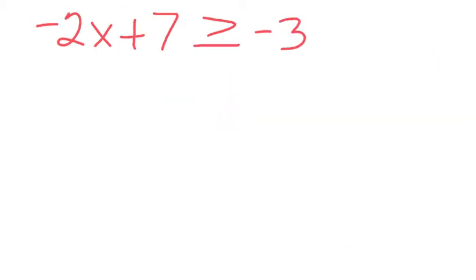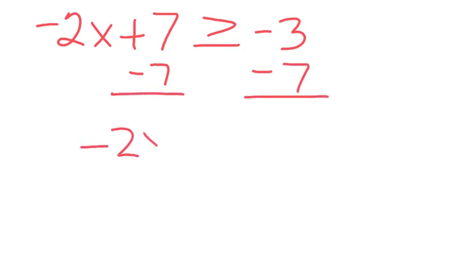Okay, let's try this problem. My brain is already saying it's going to have a sign flip because I see a negative 2 with the x. So I'm just going to work it like it's an equation. So minus 7, minus 7. That's going to leave me negative 2x greater than or equal to negative 10.